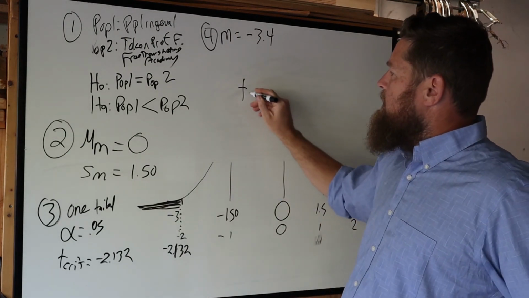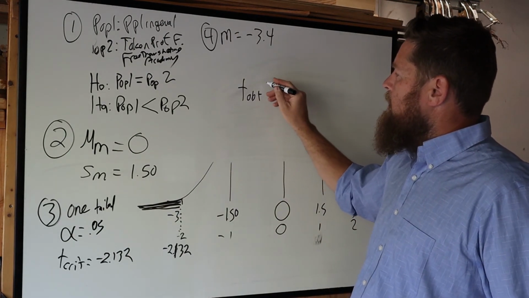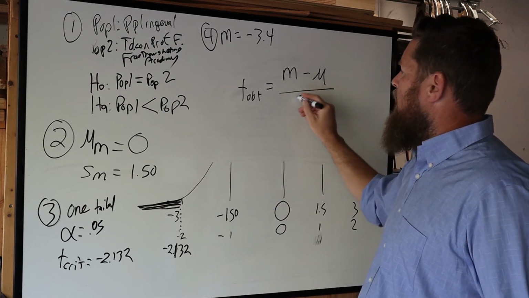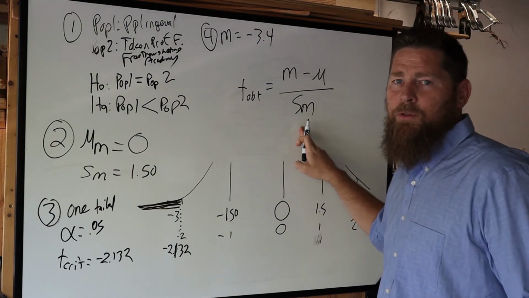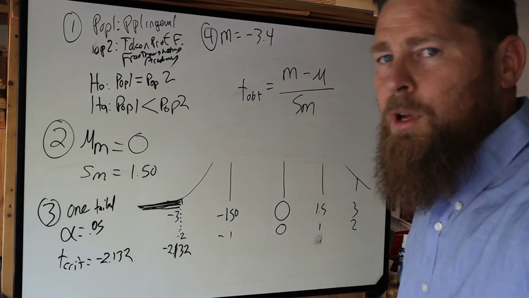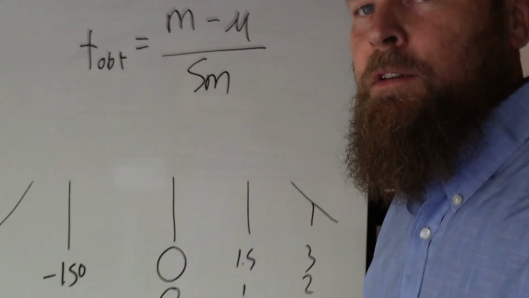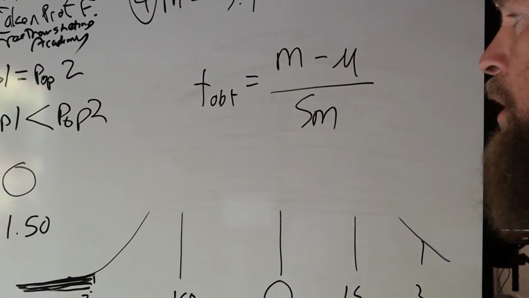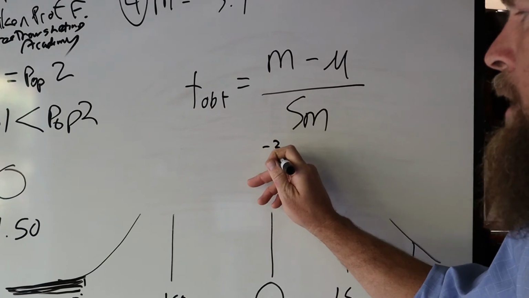Our t-obtained statistic, the t-value that we get, is equal to the mean minus mu divided by the standard deviation for the distribution of means, or s sub m. So our mean was negative 3.4.